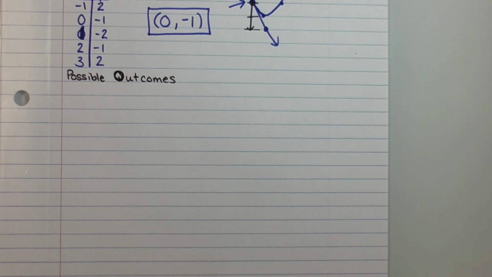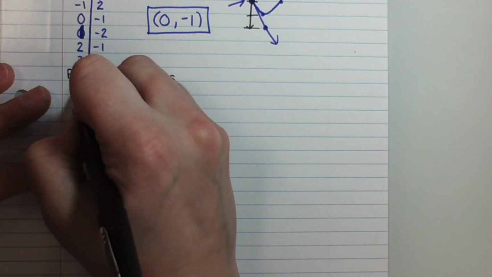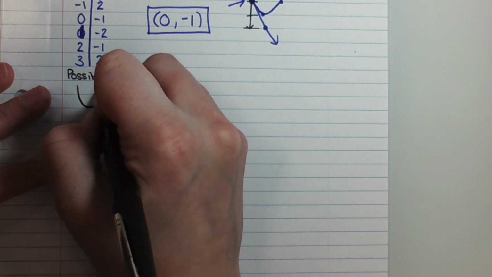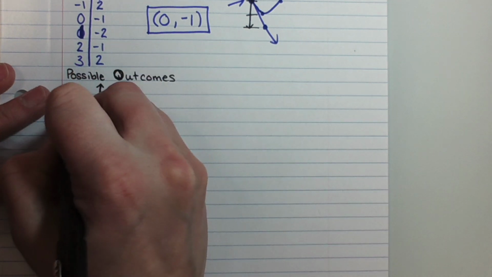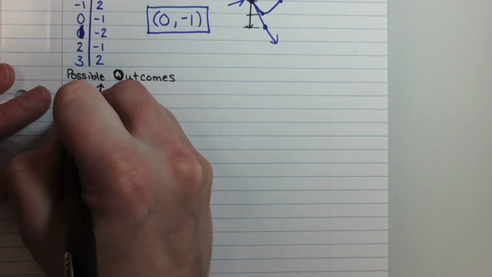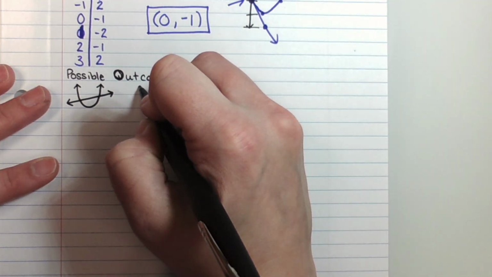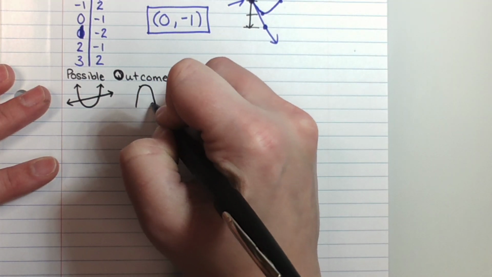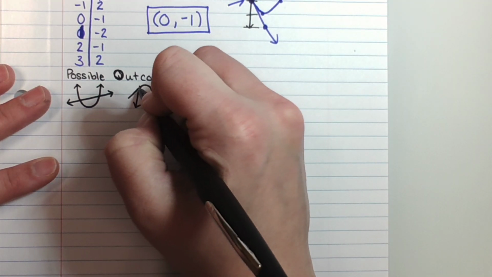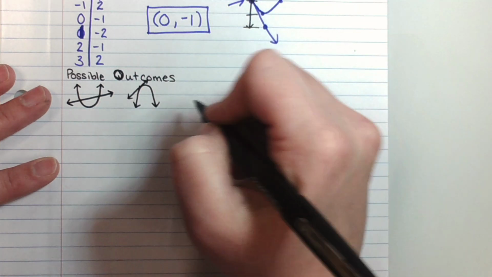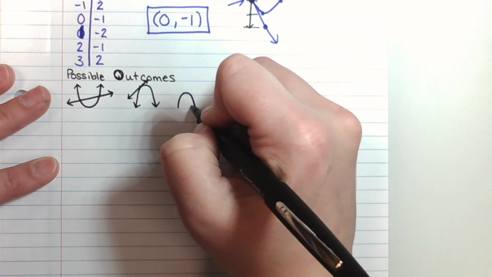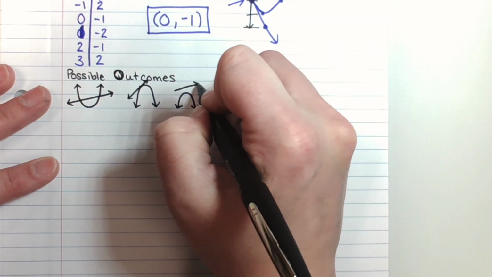So if you have a quadratic and a linear equation, when I graph the equations, they could do this. They could do that. Or they could do this.